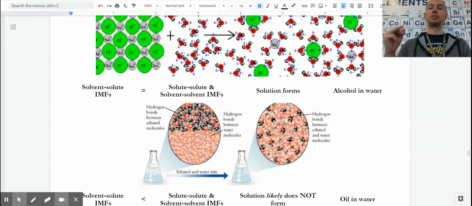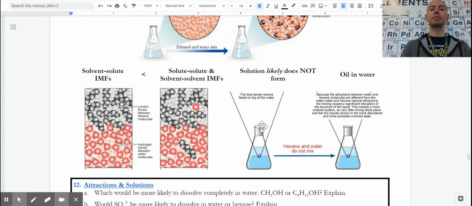I'm making dispersion, dipole, and hydrogen, and they're probably pretty similar in strength. The solution will form in that case because the energy in and the energy out is about the same, and the entropy or randomness helps it to kind of drive or to mix it up even better. Alcohol and water is a great example of that.